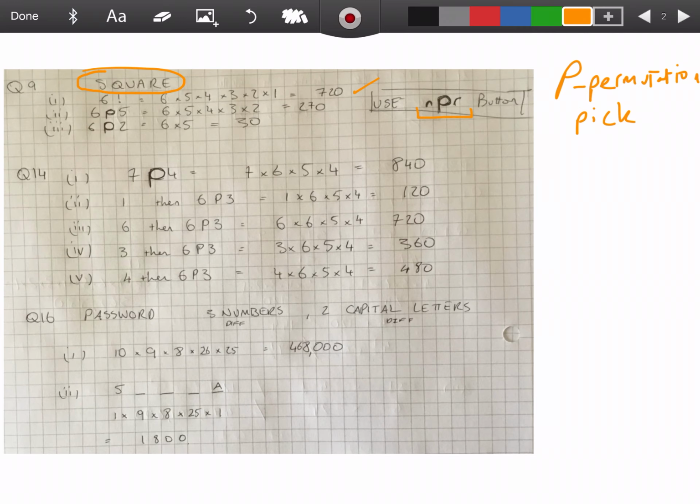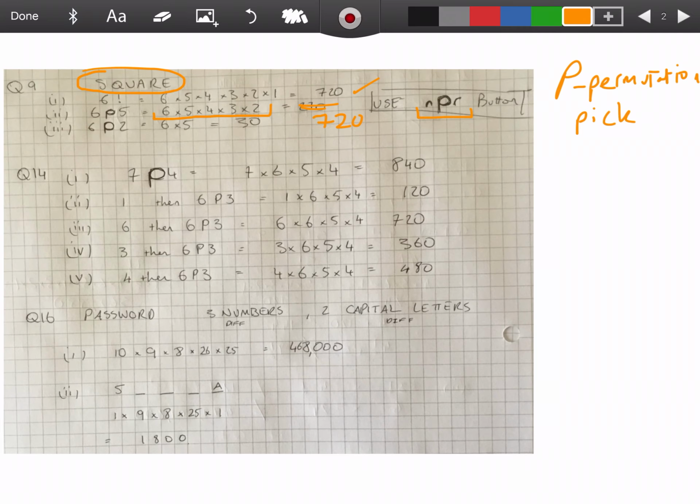Taking 5 letters at a time. So you can see I can use the 6 options, but I'm only taking 5. Sorry, that's written wrong. That should be 720 as well. I've just written it the wrong way around. Apologies.